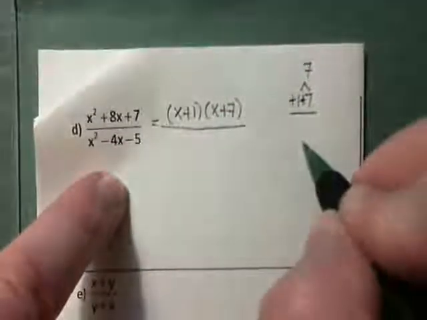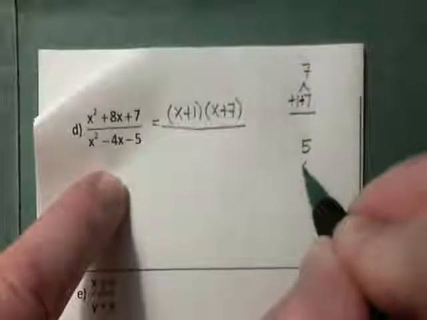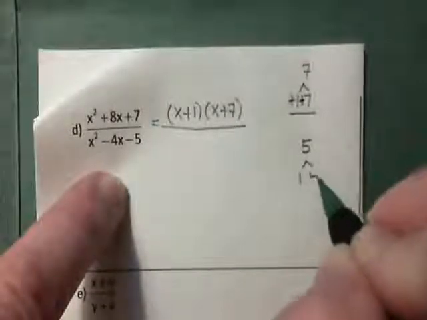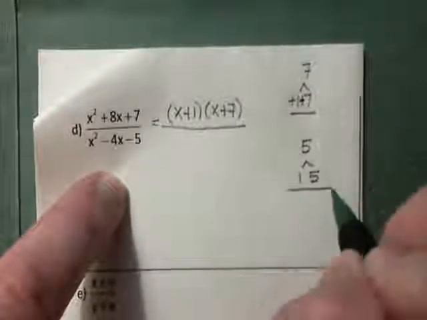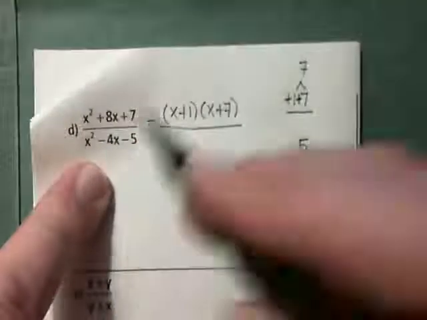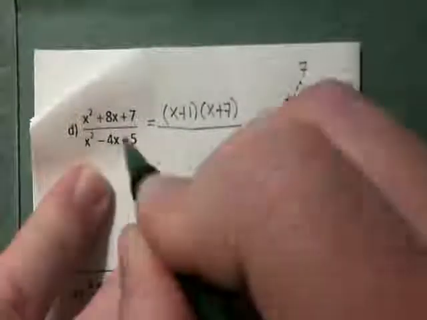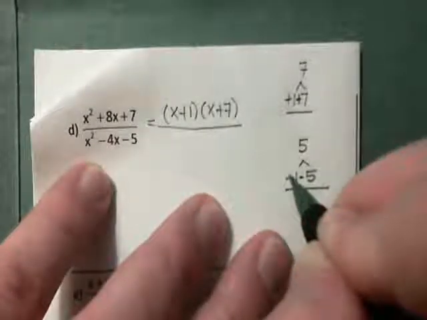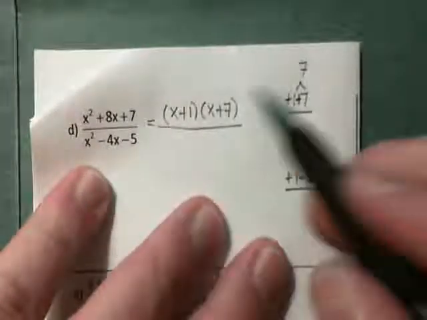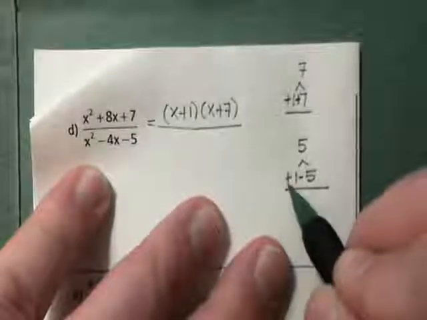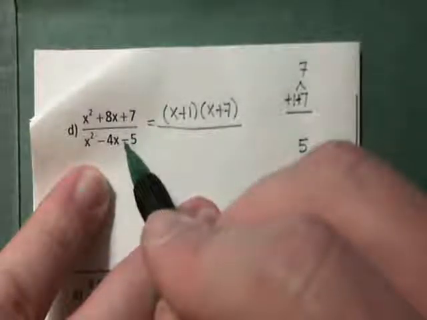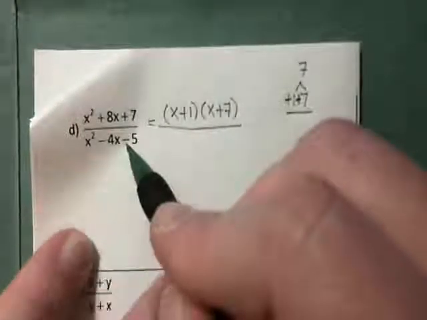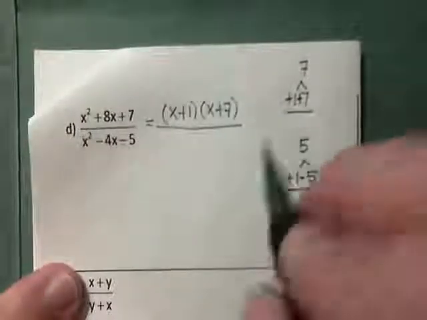Okay, next one is a 5. What numbers give me a 5? It would be 1 and 5, and that's it. Would 1 and 5 give me a 4? You bet. Because this is a negative, I put a negative on the biggest, and negative 5 plus 1 gives me a 4, negative 4. And negative times a positive gives me a negative. Alright, very well.